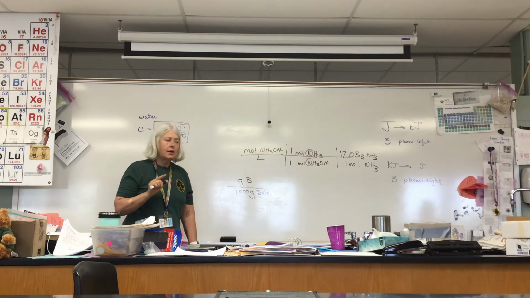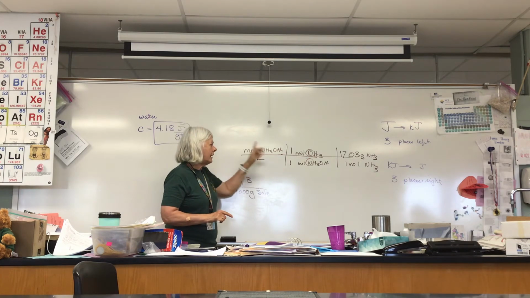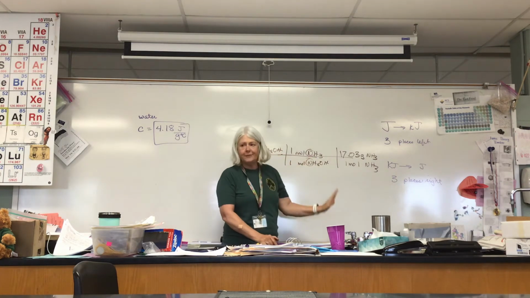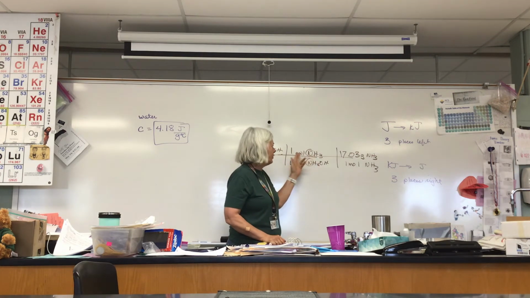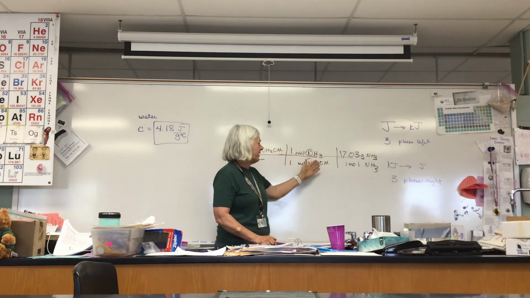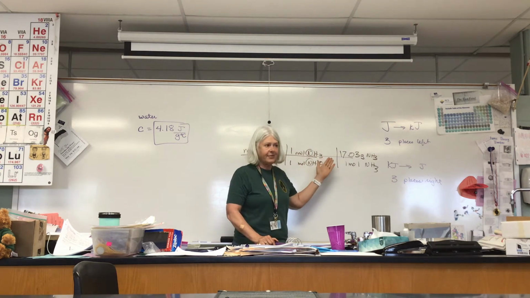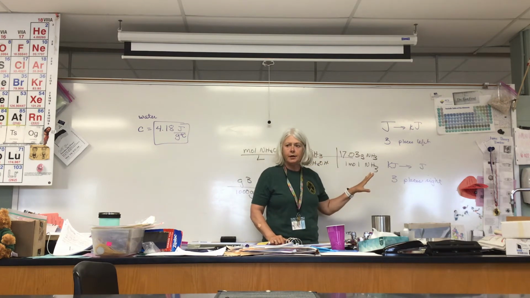One more time. You're going to have your molarity. After you've got your molarity, use a 1-to-1 mole ratio. You don't have to do this for acetic acid, but for this, it's a 1-to-1 mole ratio, so you can convert molarity of ammonium hydroxide to molarity of ammonia. It's the same thing. Then convert moles per liter to grams per liter.